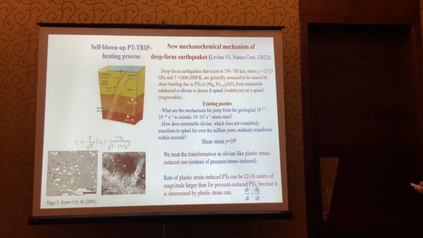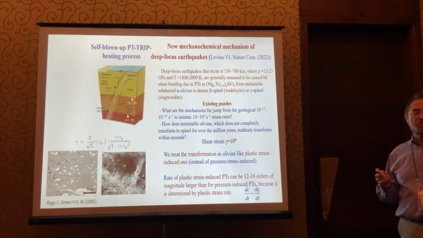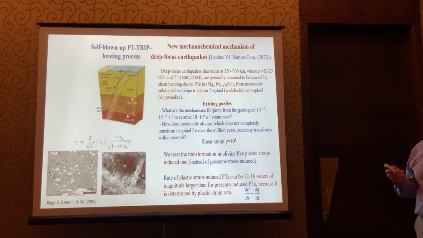But there are many puzzles, and two of them: what is the mechanism for the jump in strain rate from geological to seismic? This is 18 orders of magnitude. And also, how does metastable olivine, which does not transform over a million years in this region, suddenly transform in the same region within seconds?